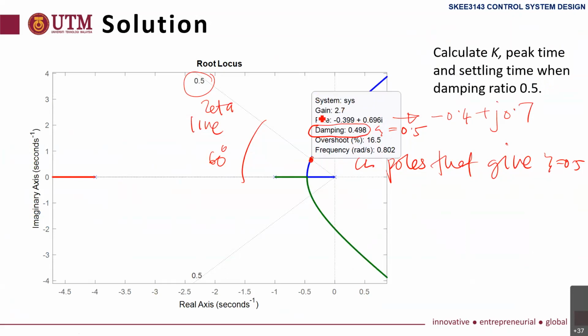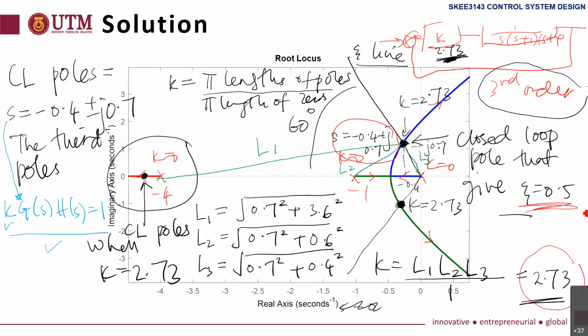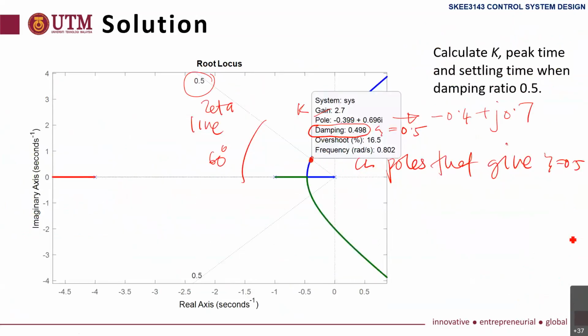So this is the gain. It's given here, K is 2.7. The one that we calculated just now is 2.73. The true value is 2.7. Of course, it is based on this pole. That's why I was saying that the value will be slightly different among all students.